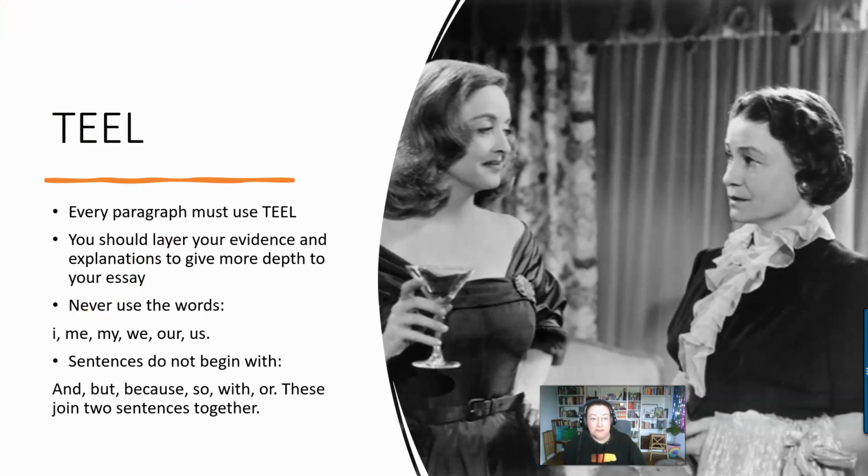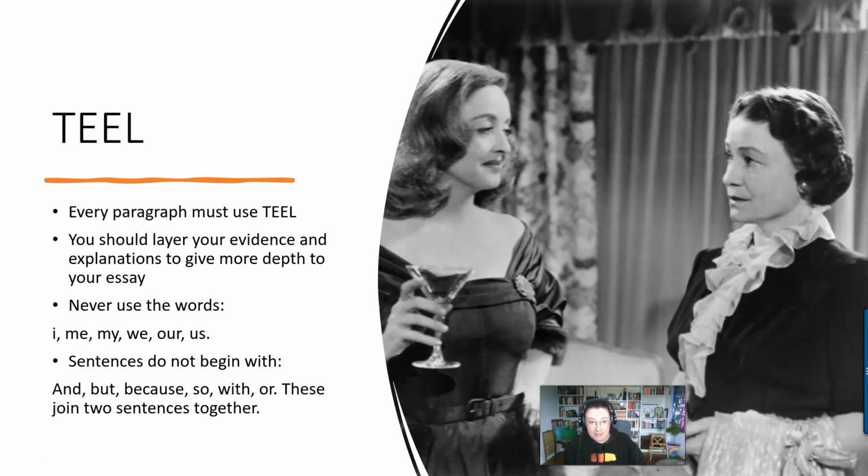Never in a text response use the word I, me, my, we, our, or us. All of these are first person or first person plural. The only time where they should turn up in your essay is when you are quoting a character. Other than that, you never say, I think, it is my opinion, we see.